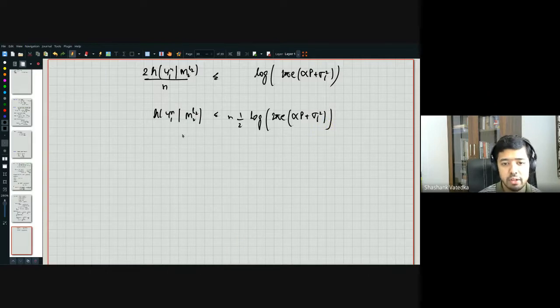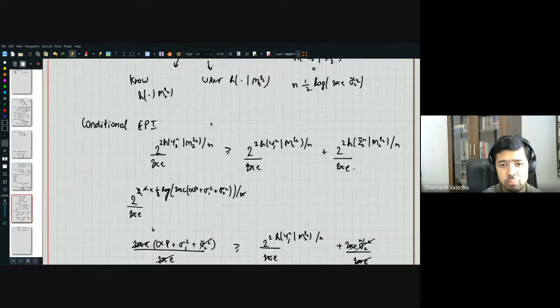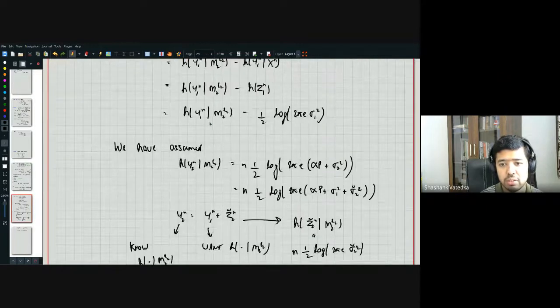Okay, so now we have an upper bound on h of y1 given m2. We can now plug this back in here.